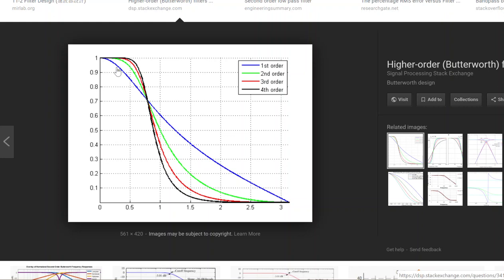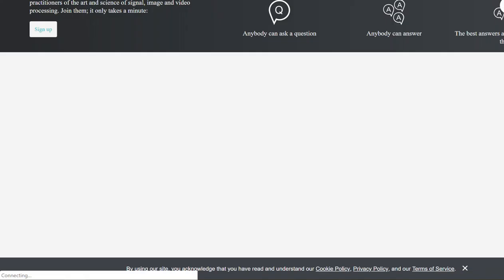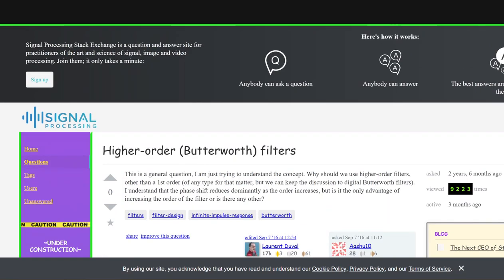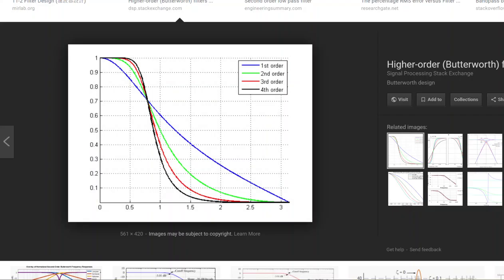Now, as we increase the order, we're essentially increasing the number of poles in the denominator. Let me go back to the picture here. You can see the green one is a second order, the red is a third, and the black is a fourth. And you can see the higher the order, the more we are approximating what the ideal filter would be.